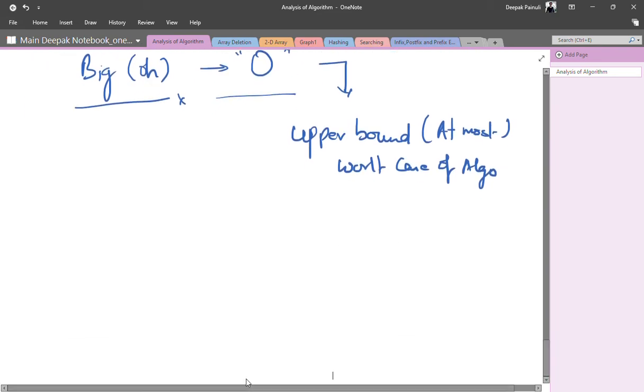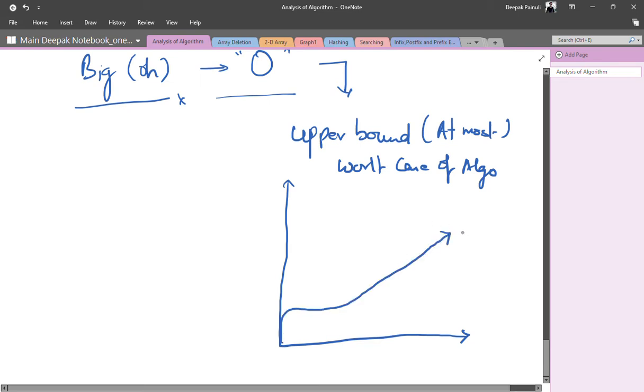So when we say that this big O notation will show the upper bound of an algorithm, what does it mean? We can understand it by, let us say, we have one base function. Let's say this is our original function, for which we are going to define another function which represents an upper bound for it. On the x-axis there will be n.